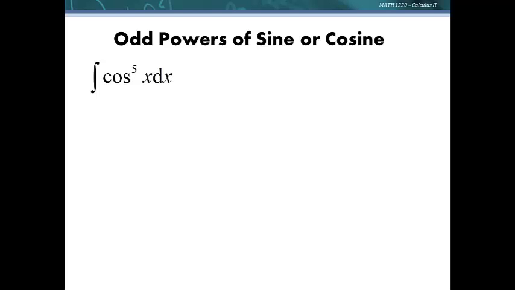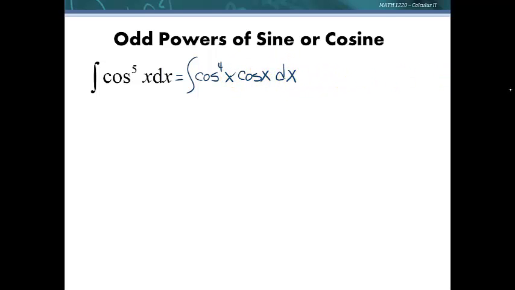So let's look at an example, and first we're going to consider a sine x or a cosine x function raised to an odd power. Our strategy is to split this up and have cosine to the fourth x and split off one of the cosines, so cosine x dx.